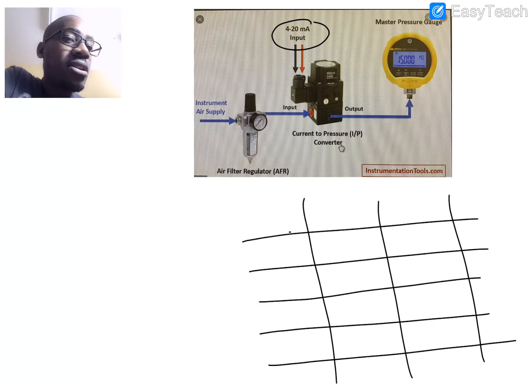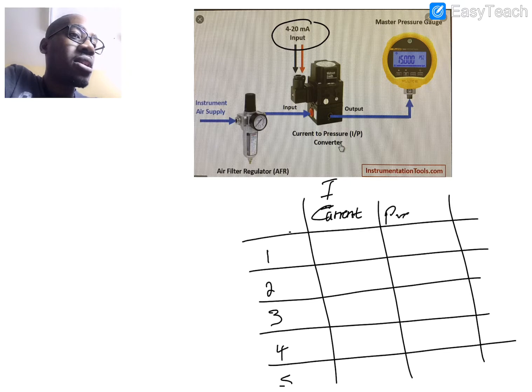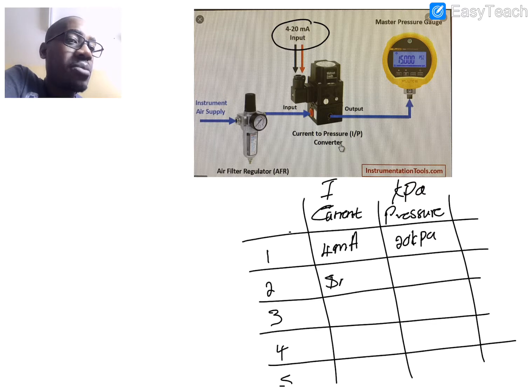Let's take a standard form, say 1, 2, 3, 4, 5. Let's say our input signal, that is the current side, I, and then our output, that's the pressure side, that is P or kPa. Now let's say for instance we input 4 milliamps from the controller, and then according to this table we are supposed to get 20 kPa, and then 8 milliamps we get 40 kPa.